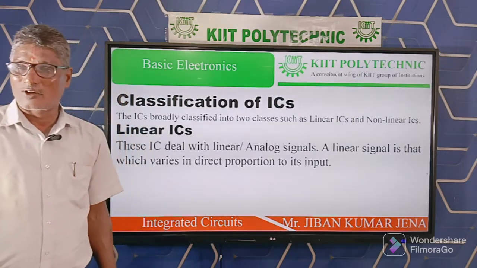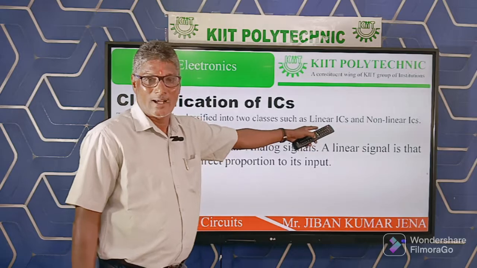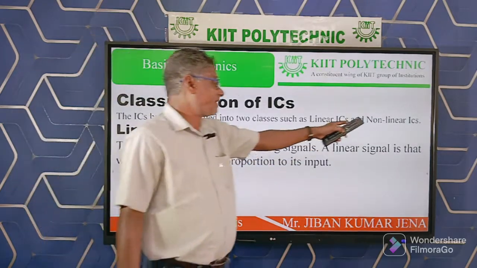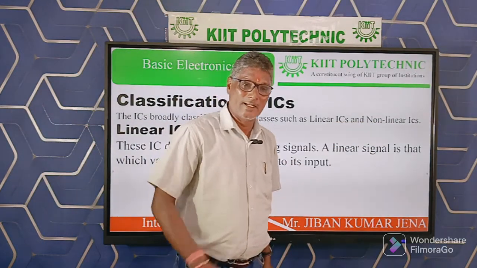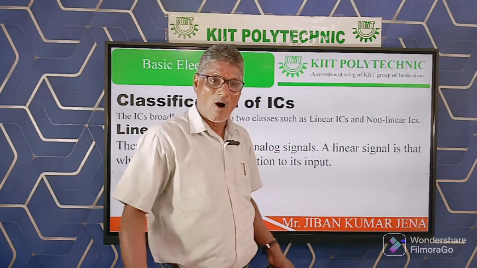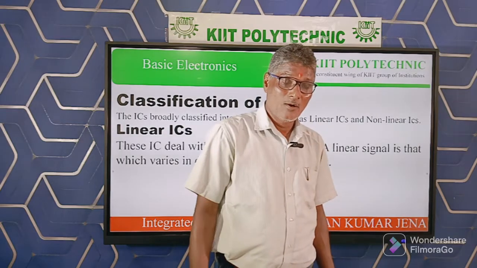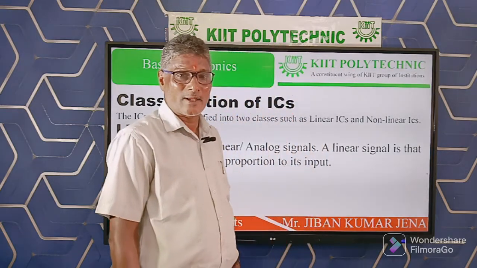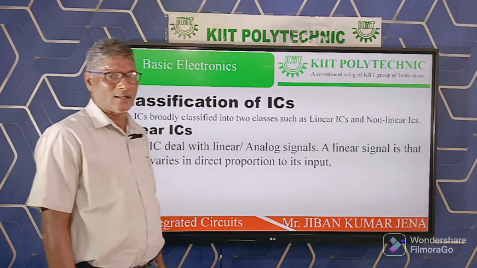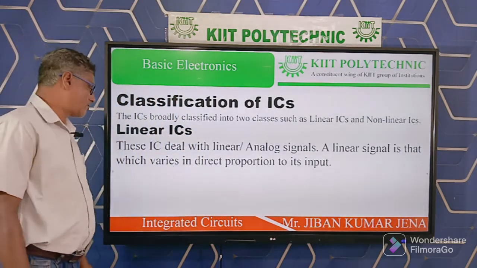Linear IC, its other name is analog IC. Non-linear IC, its other name is digital IC. So ICs in general are of two types: one is linear type IC or analog type IC, another is non-linear type IC or digital IC.